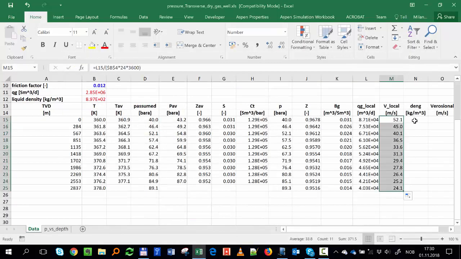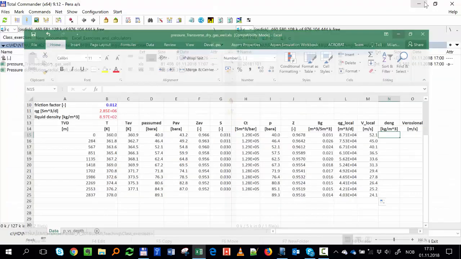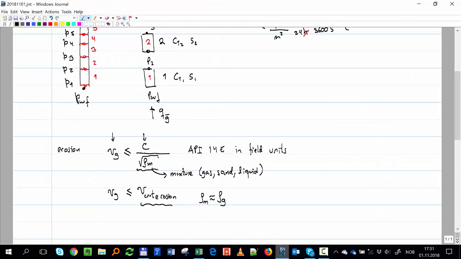So to calculate the density of the gas, how do I calculate it, if you remember? The density of the gas is pressure divided by R Z T, right?